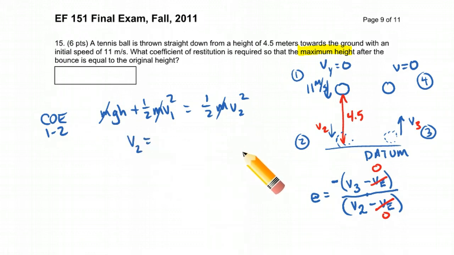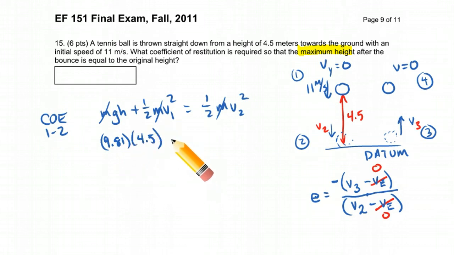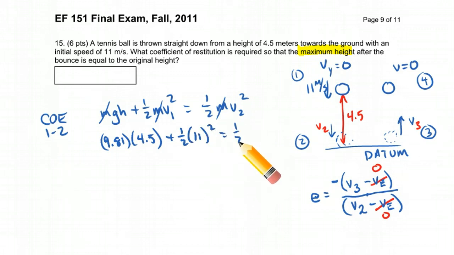V2 is going to be, let me go ahead and plug the numbers in just to keep things straight here. 9.81 times 4.5 plus 1/2 of 11 squared equals 1/2 v2 squared.